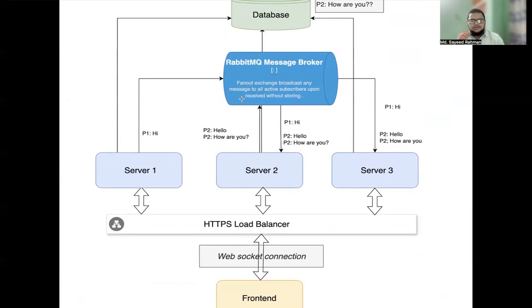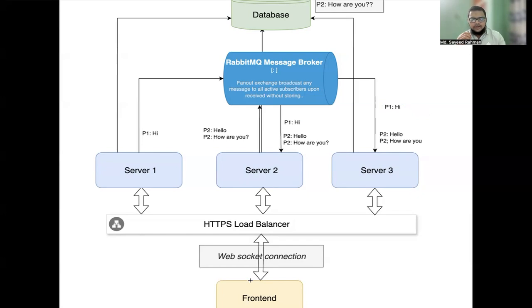This exchange will propagate the message hi to all of the servers, including server 1 who sent it, because the fanout exchange has no idea who sent it or where it should send it. It will just propagate everywhere. So though server 1 received hi, with the help of the RabbitMQ fanout exchange, now server 2 also knows there is a new message hi, and server 3 also knows there is a new message hi.